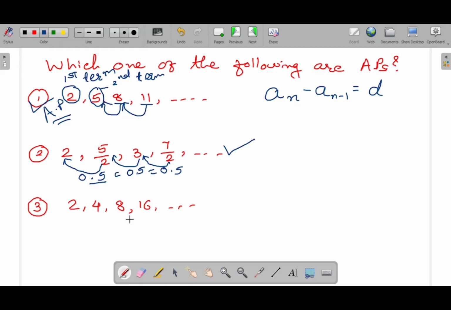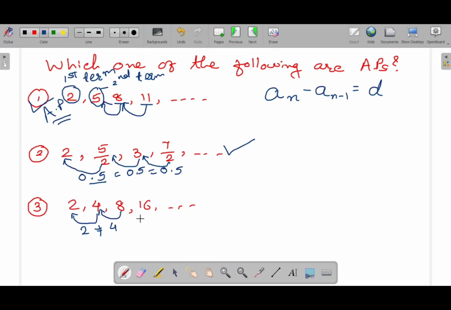Now look at the third question, and tell me whether it follows AP or not. Pause this video and get your answer. Yes, of course, you might have calculated that here the difference of the second term and the first term is 2, but the difference between the third term and the second term is 4, which is not equal.